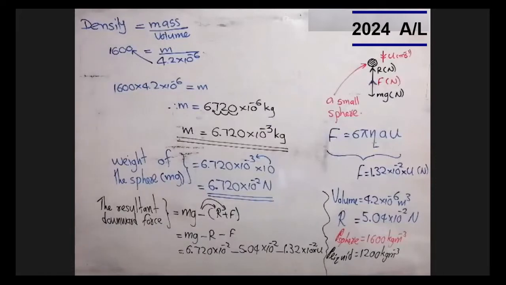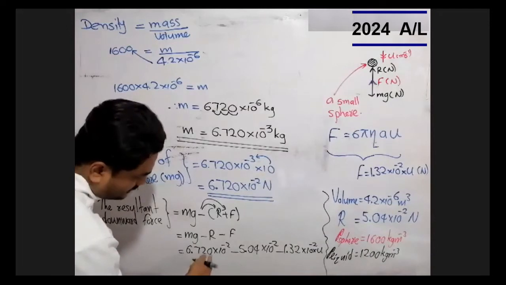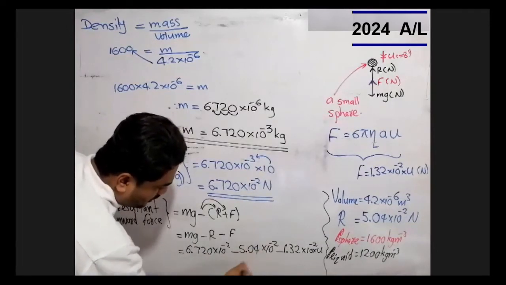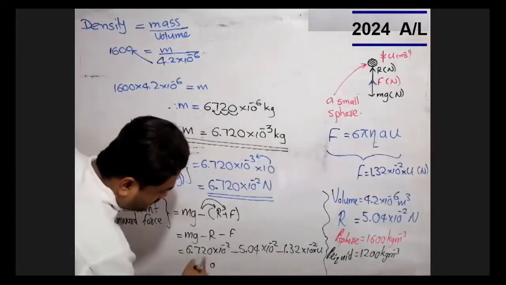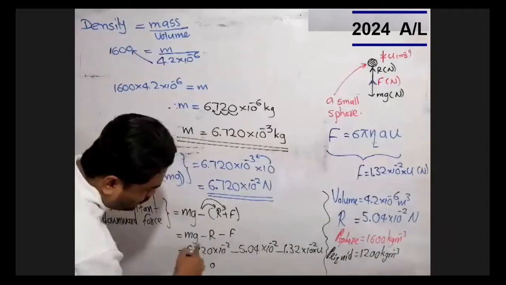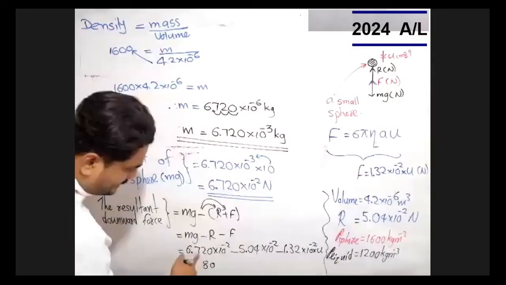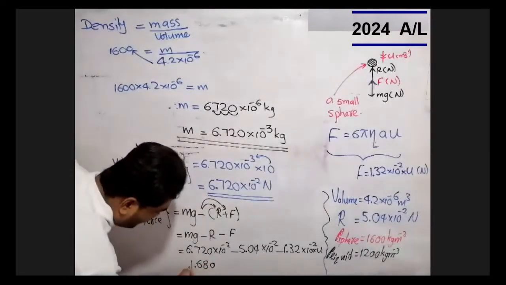Now 6.720, this 0 is not needed. 5.04. If you want, you can write this 0 here. 2 minus 4 can't, you have to take 1. 12 minus 4 is 8. Now 6 minus 0 is 6. 6 minus 5 is 1.